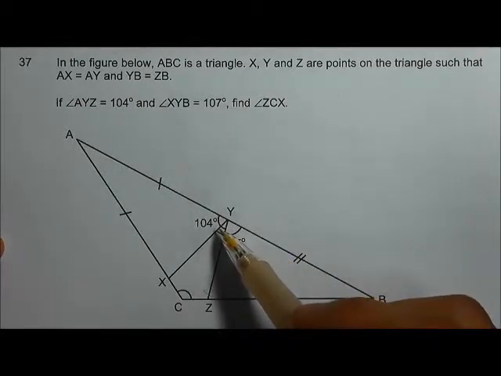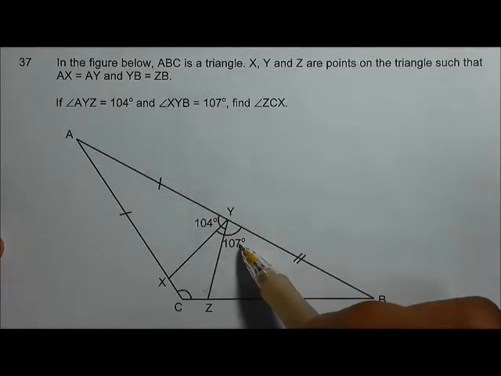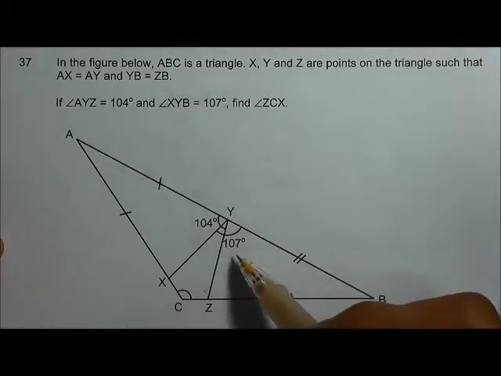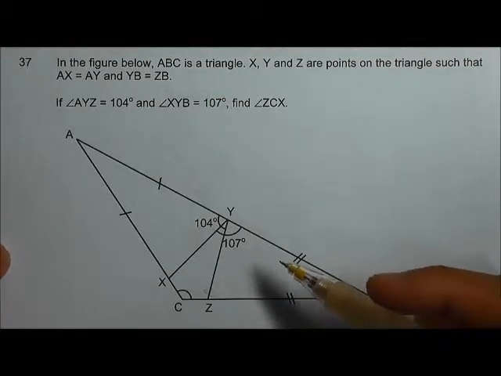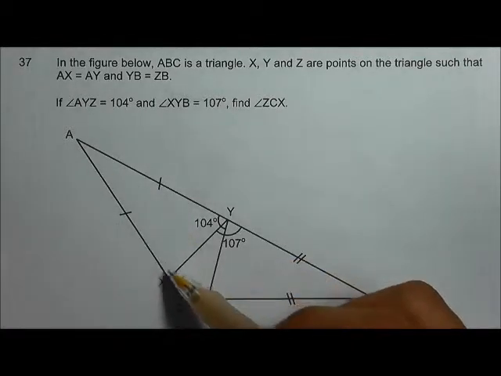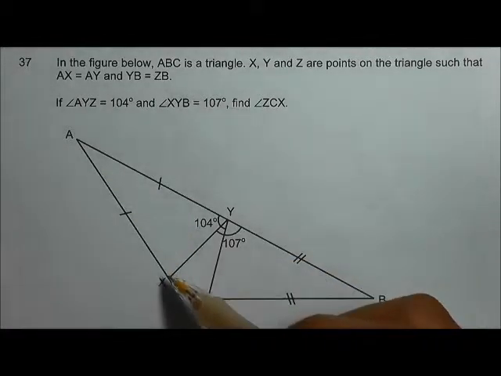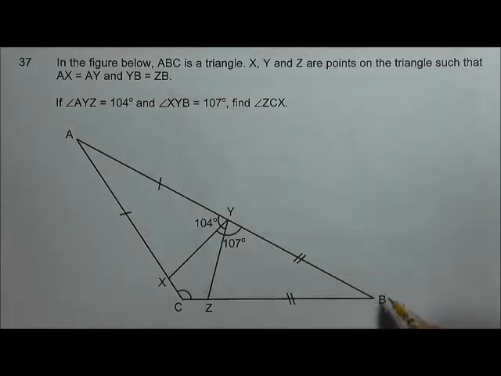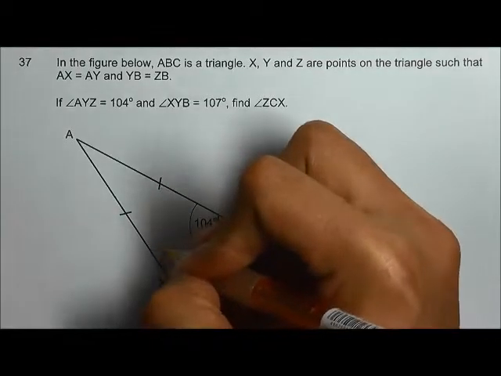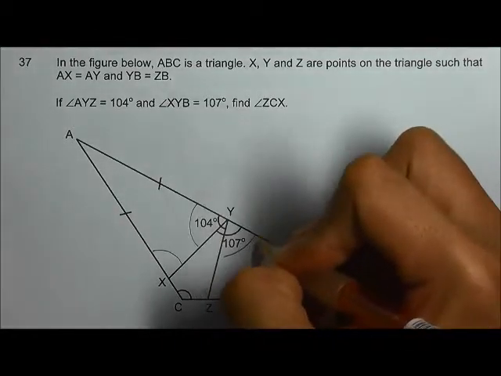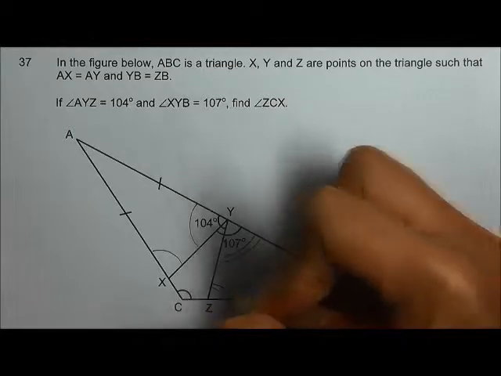This angle AYZ is 104 degrees and this angle XYB is 107 degrees. Okay, so we have two isosceles triangles, AXY as well as BYZ. So this angle is equal to this angle and this angle is equal to this angle.